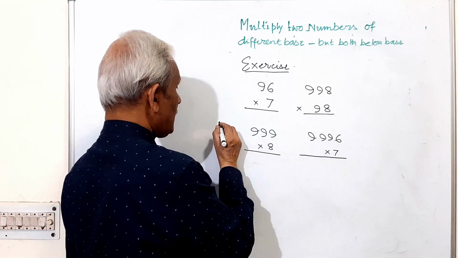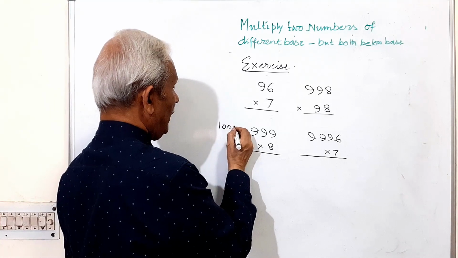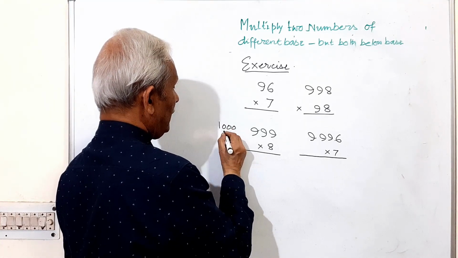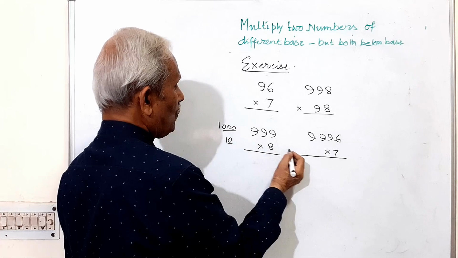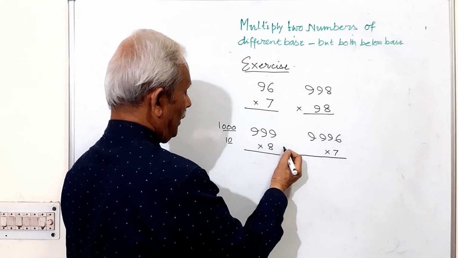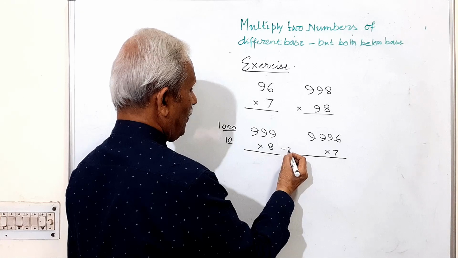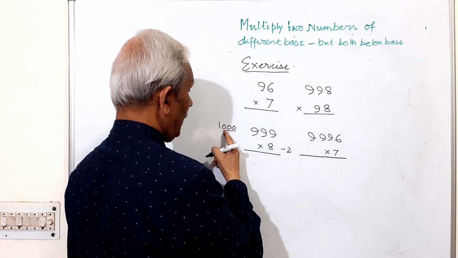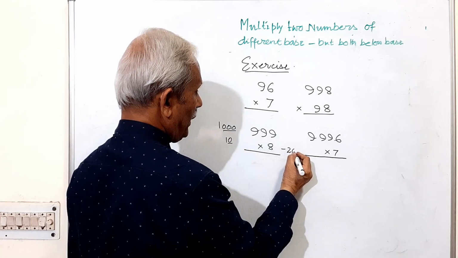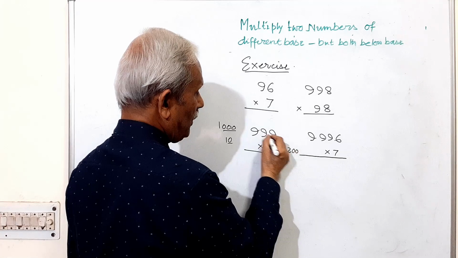Say this is 1000, this is 10. The difference of zeros is 2, so write 2 here. See here it becomes 8 minus 10 is minus 2, and minus 2 with 2 zeros means 200. That will be reduced from here.